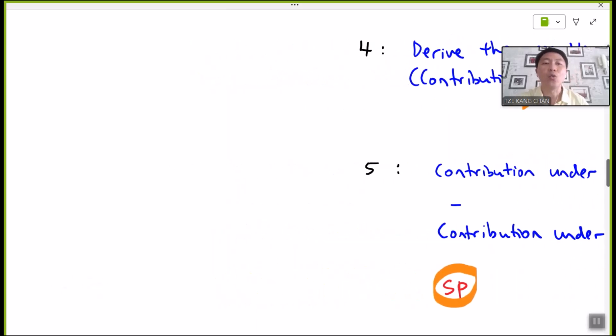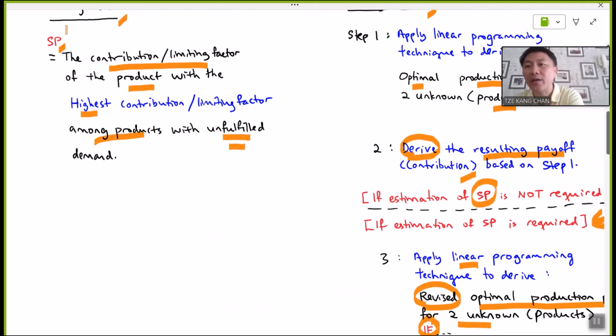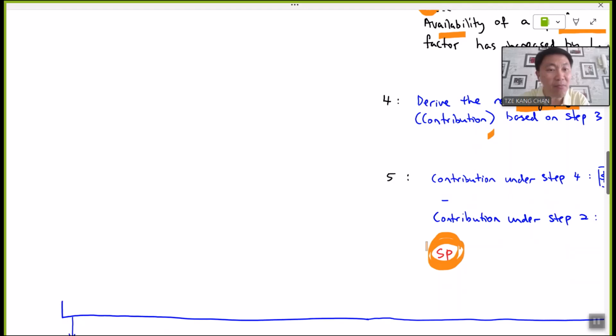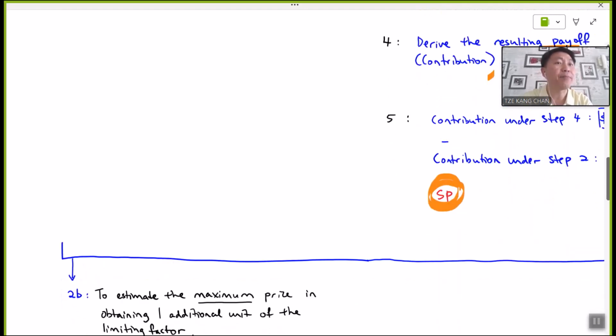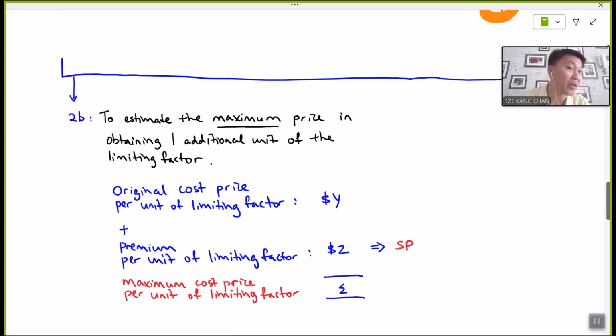So guys, with both types of shadow price calculation, one with a single limiting factor and the second involving multiple limiting factors, what's the purpose of the value of shadow price that is derived? Well, the value of shadow price will help the business to determine and estimate the maximum price that we are worth paying to obtain one additional unit of such limiting factor.